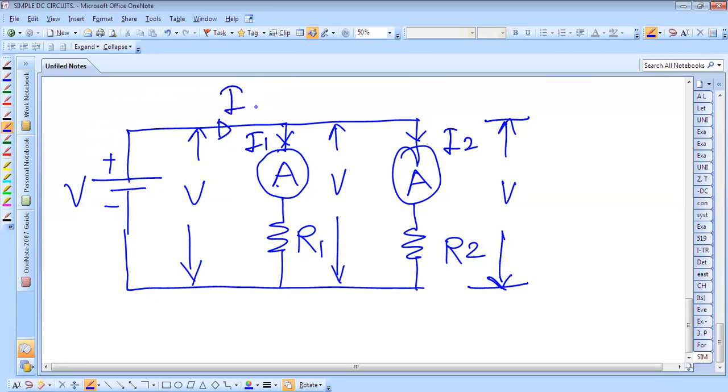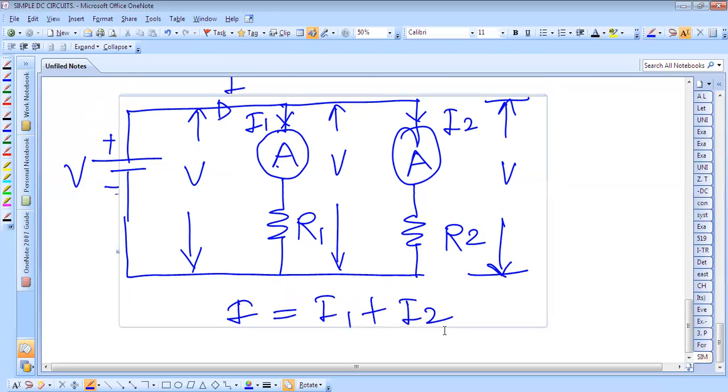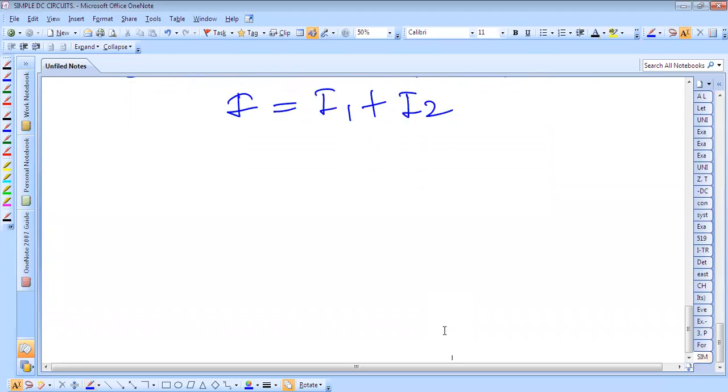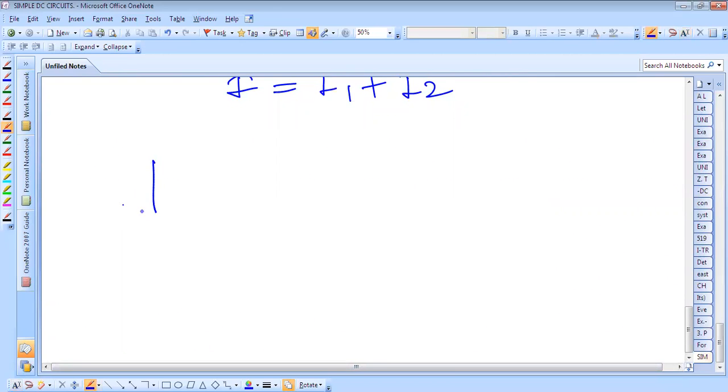So in this way, we have to measure the current here. What is the current here? It is I1 plus I2. Current I is equal to I1 plus I2. And suppose we have to measure the voltage across this, then we require the voltmeter. For measuring the voltage, suppose your circuit is like this.